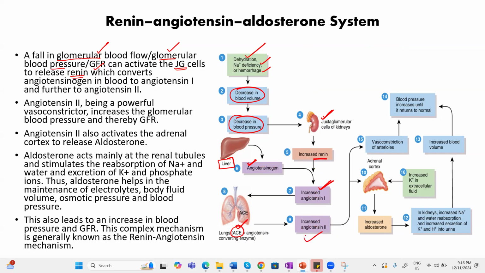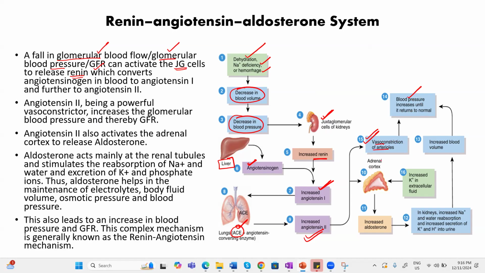This angiotensin 2 is a very powerful vasoconstrictor. It brings constriction of the afferent arteriole to increase the blood pressure, or you can say to increase the GFR. Finally, blood pressure will increase and come to normal.